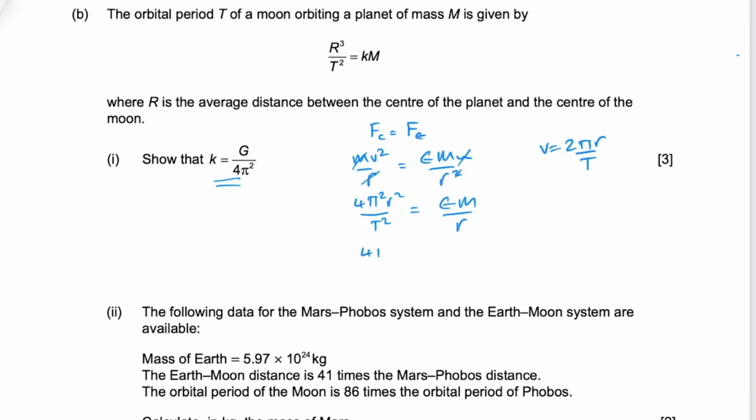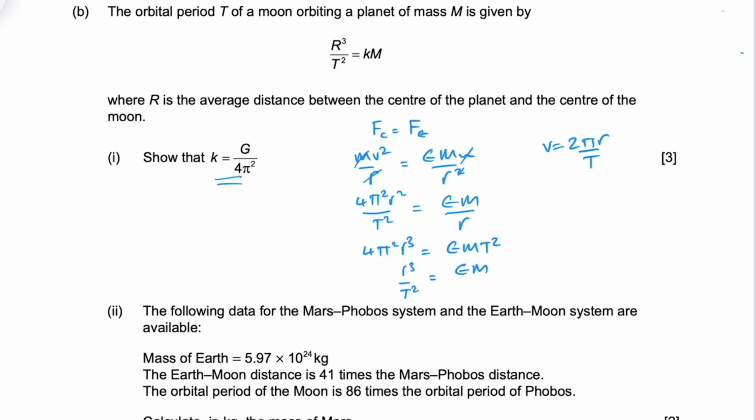Okay, so 4 pi squared r cubed, cross multiplying now, equals GMT squared. r cubed over T squared equals GM over 4 pi squared. And what we're likening it to is kM, so k must be equal to G over 4 pi squared.